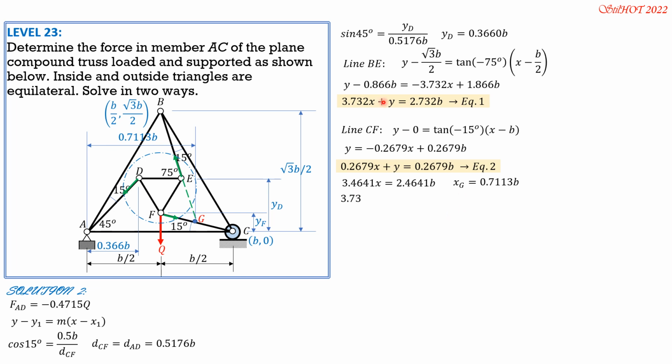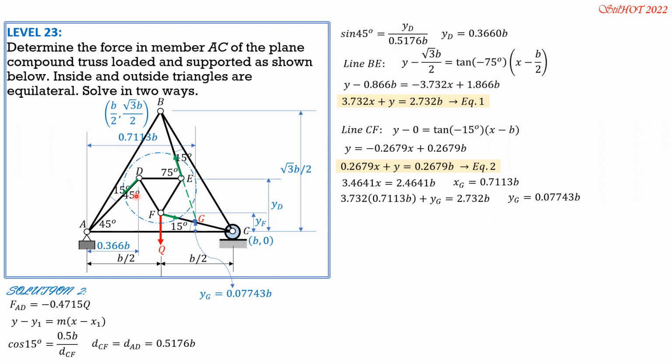Then substitute in equation 1 to solve for yg. Yg is positive but very small. So 3.732 of 0.7113b plus yg equals 2.732b from equation 1. So yg is 0.0774b, which is this. So that's 0.07743b, so that we can have the moment arm.